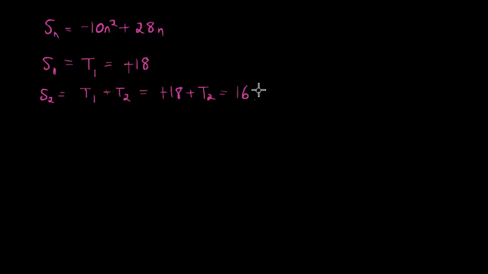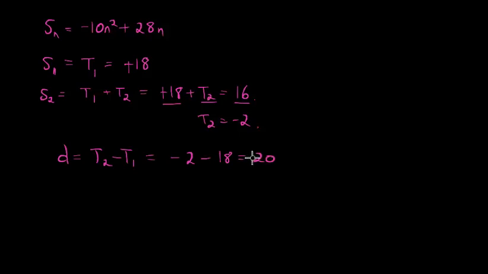So if term 1 was 18, and I add term 2 and I get 16, it means term 2 was negative 2. So I've got term 1, term 2, that means my constant difference is term 2 minus term 1, which is negative 2 minus 18, so my constant difference is negative 20.